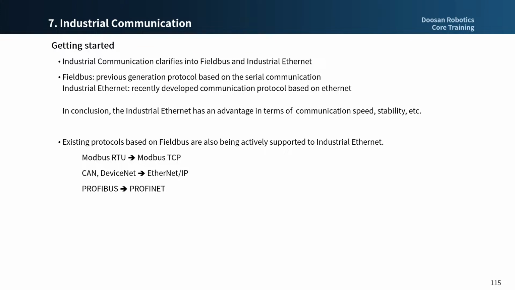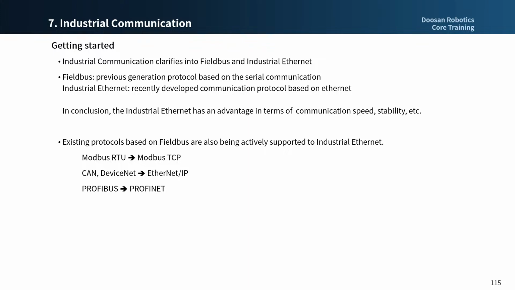Field bus is a previous generation communication protocol implemented on a serial communication basis, and industrial Ethernet is an Ethernet-based communication protocol developed recently. Therefore, industrial Ethernet has more advantages than field bus in terms of speed and stability.